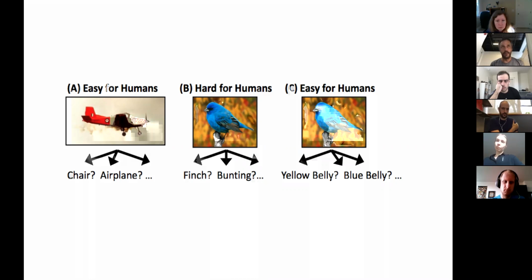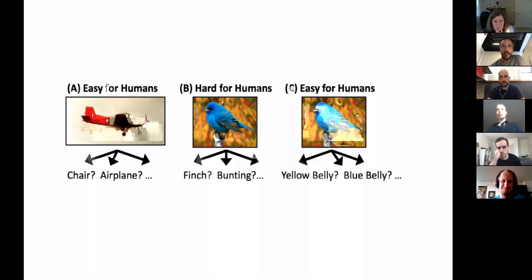The image in the middle, if I just take a person off the street and say, does this image show an indigo bunting or a blue grosbeak, then that is challenging in general if you're not an expert in birds. But if we go to image C and the task shown on the right, and we break it down sort of like a field guide where we say, we're going to ask questions about parts and attributes of this object.